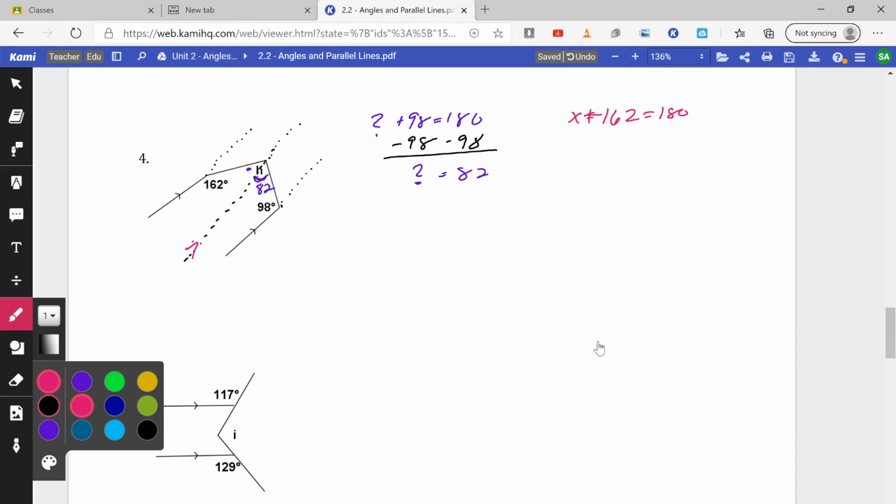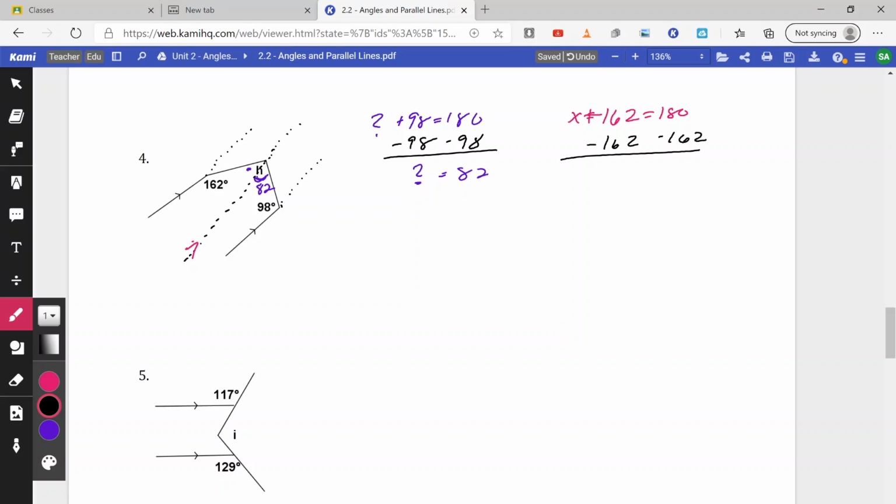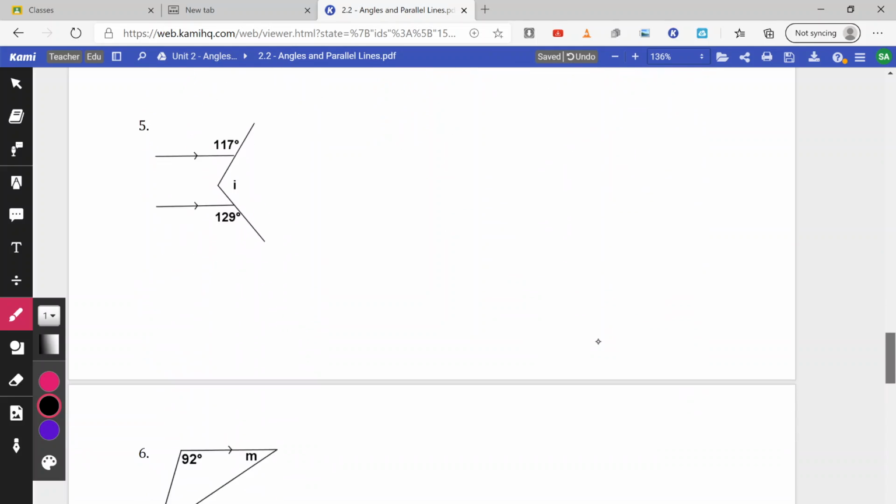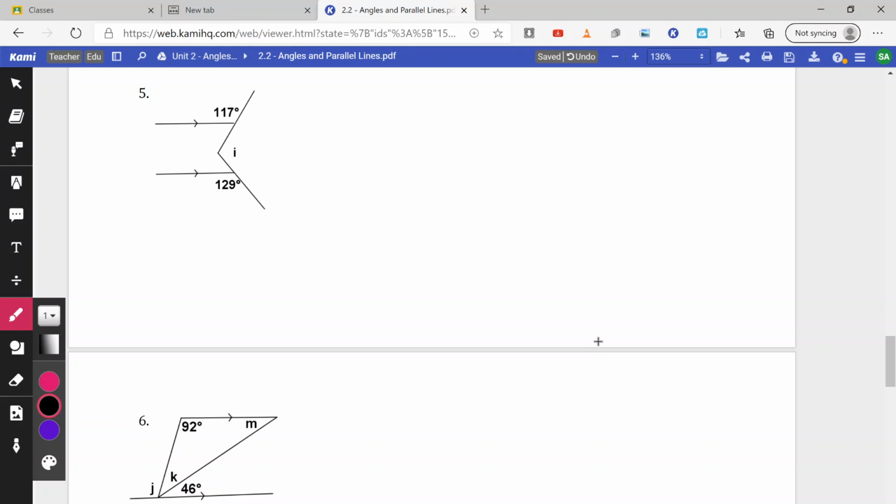We'll subtract 162. And our unknown is going to be 18 degrees. So if one part is 82 and the other part is 18, that's going to be our angle H. When I add them together, I get 100 degrees is angle H. Sometimes it takes a little bit of thinking again.